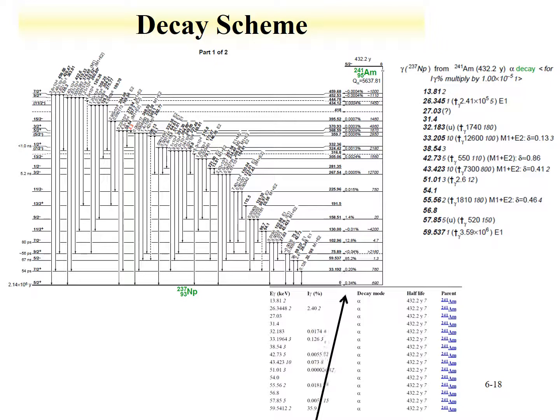And one thing I do want to point out from here is that the actual transition, as shown here, is 85% of the time it goes to this excited state, but obviously the number of the de-excitations are not with the 59 keV photon, since that only occurs 35.9% of the time.